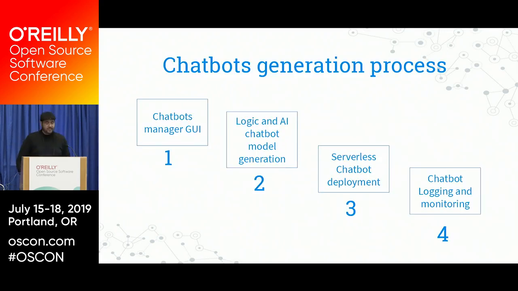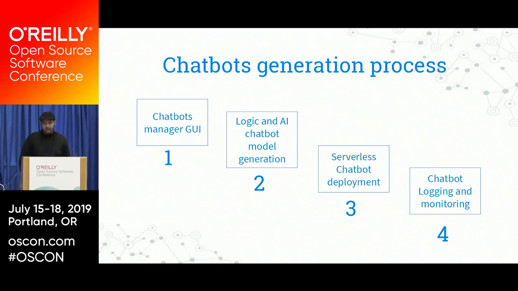So in the chatbots area, there is a kind of step-by-step generation process. The first step to build the whole system is to build a GUI, like a chatbots manager, to create the chatbots, to manage them, to deactivate them, and to modify the flow of the chatbot.